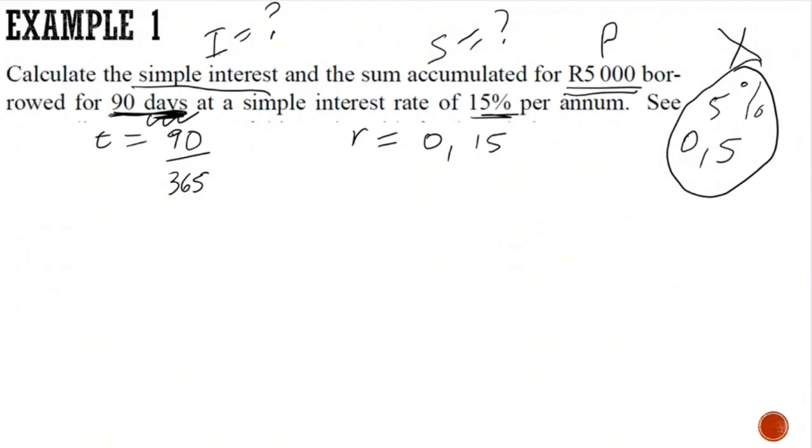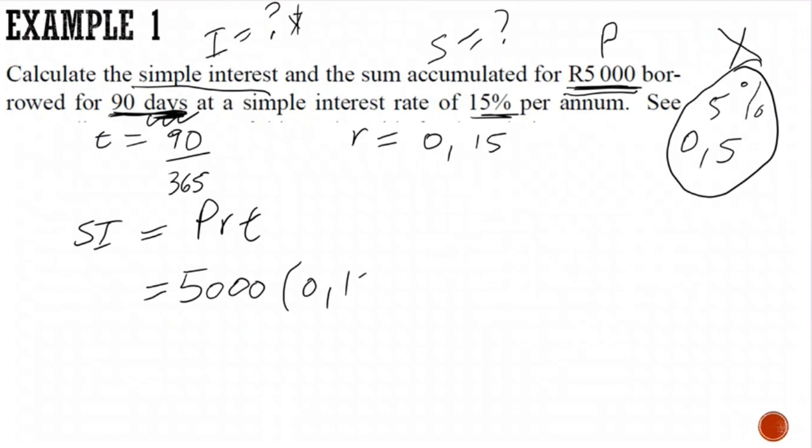So now we start with the simple interest formula, which is I is equal to PRT, because we want to first calculate this one. So what is your P? It is 5,000. And what is your R? Your R is 0.15.